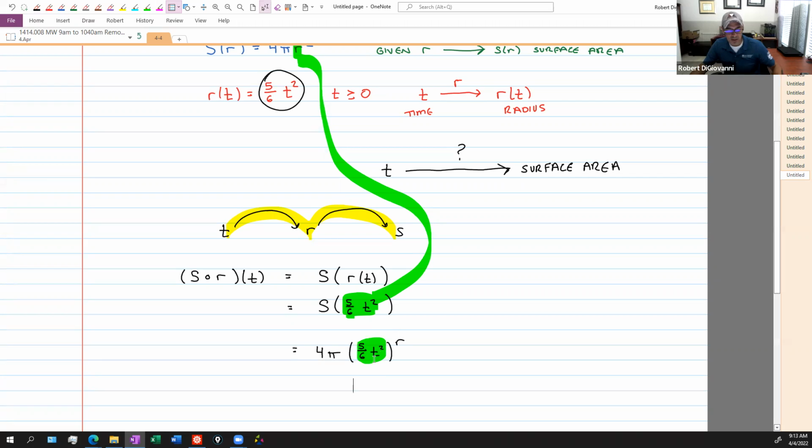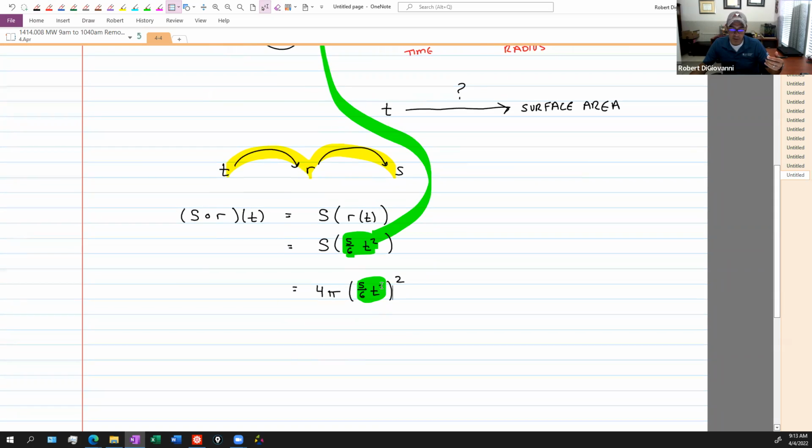So do y'all see in this last formula, this is 4 pi R squared, but the R has been replaced with the function that we have for R, which depends on T. And now we can just do some algebra here.